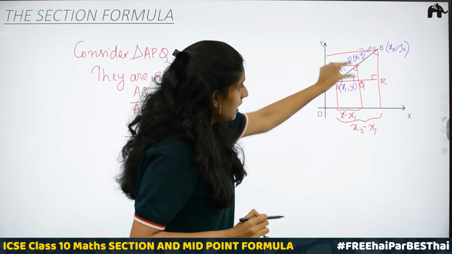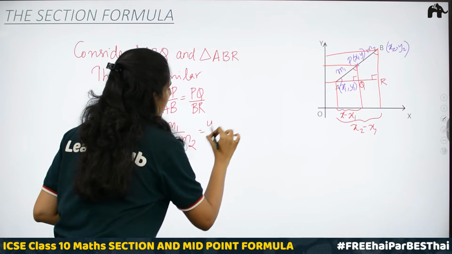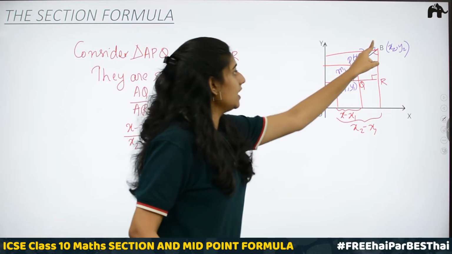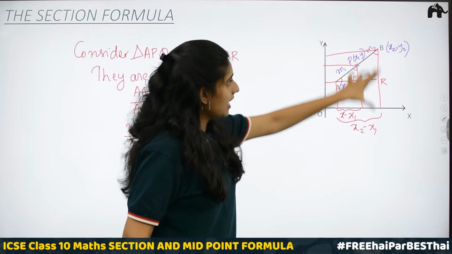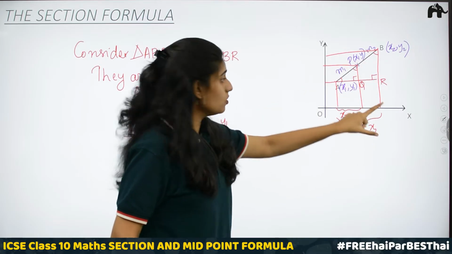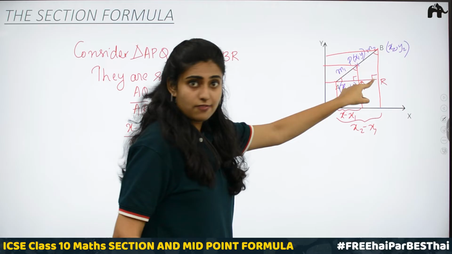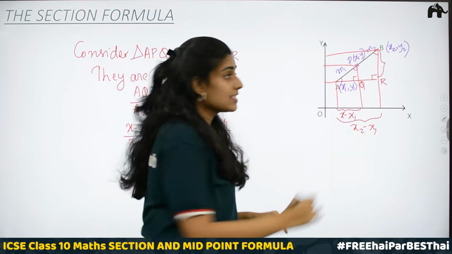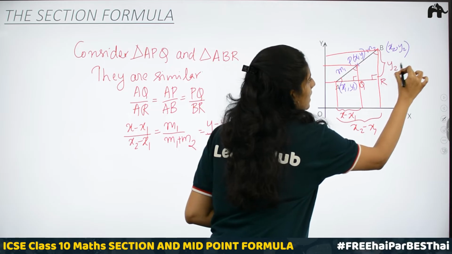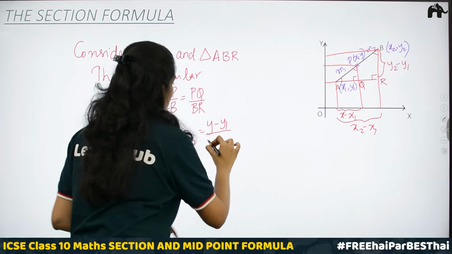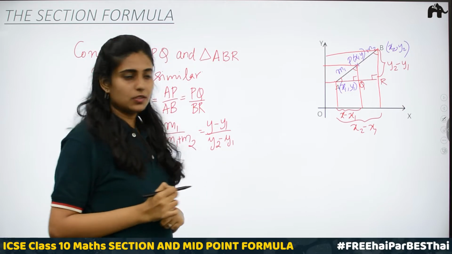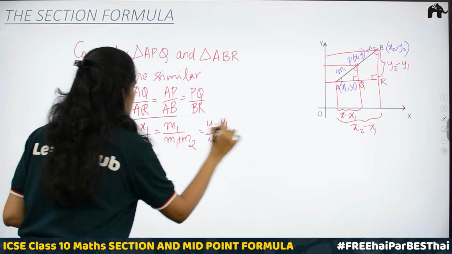Therefore, we get PQ equal to Y minus Y1, divided by BR. BR: this total length is Y2 and this part is Y1. So you will be getting this part as Y2 minus Y1. Okay.